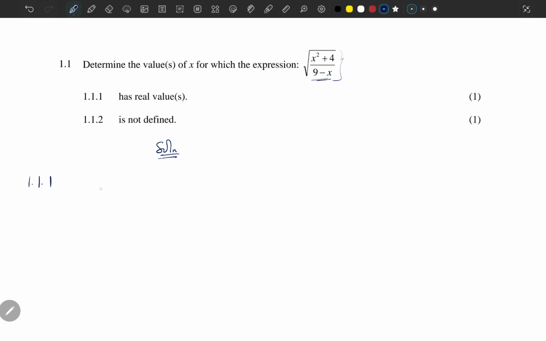So we are saying the expression inside the root must be greater than or equal to 0, and the denominator, which is 9 minus x, should not be equal to 0 for this to have real values. All right, it's a very important part.